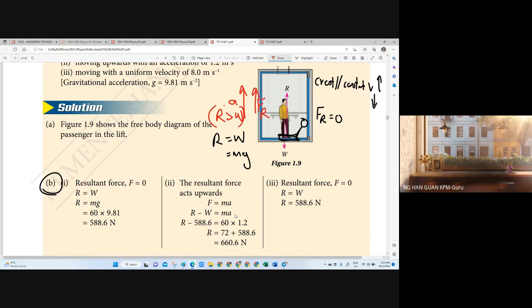To have the upward resultant force, R will be bigger than W. Therefore, the resultant force F equals MA, so MA is equal to R minus W. From here, R will become MA plus W, which is MA plus mg. So the reading on the weighing machine, as the normal reaction, will be bigger than your actual weight, because our actual weight is only mg. But now what is experienced is MA plus mg.